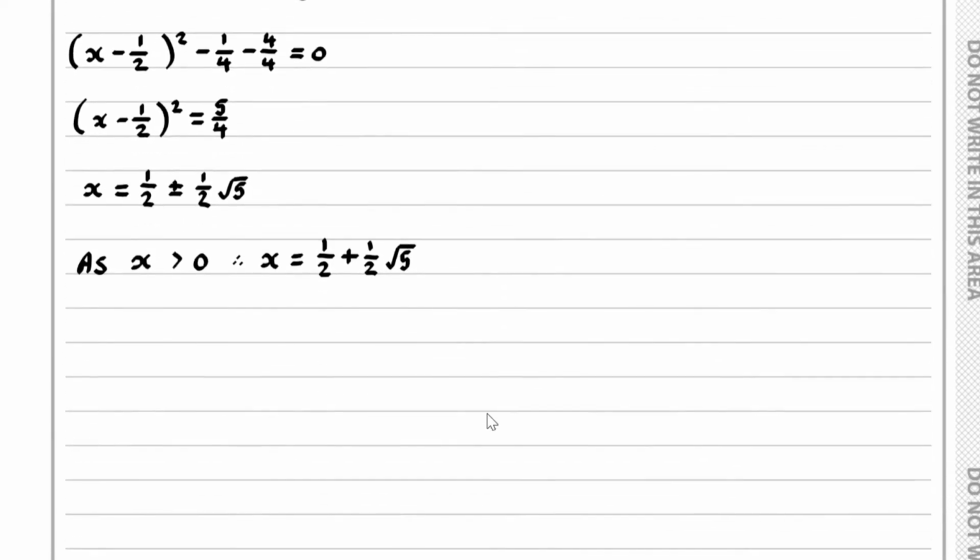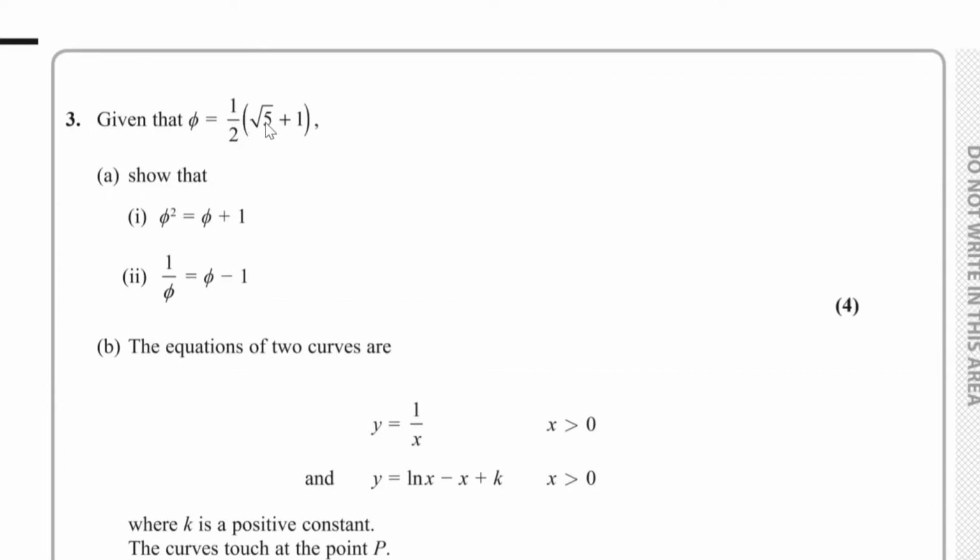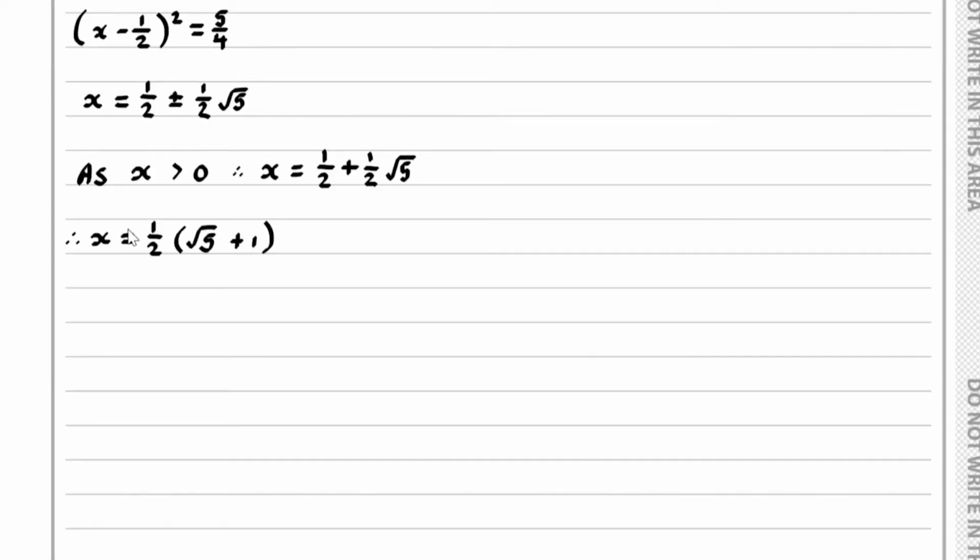And so, if we have x equals, now here I'm going to factorize out the 1/2. If I've got 1/2 on the outside, that means inside the bracket I can have the root 5 plus 1. And because I've got this result, if we recall from what 1/2 times root 5 plus 1 is, that's theta. And so therefore, this value here is equal to phi.